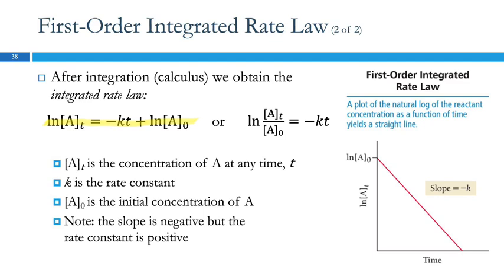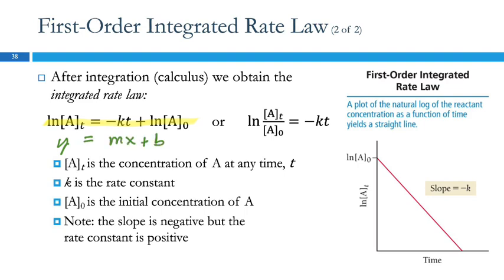So the natural log of the concentration at some time t is equal to negative rate constant times that time t plus the natural log of the concentration at time 0, the starting concentration. So when we graph this, this is an equation in the form of a line.